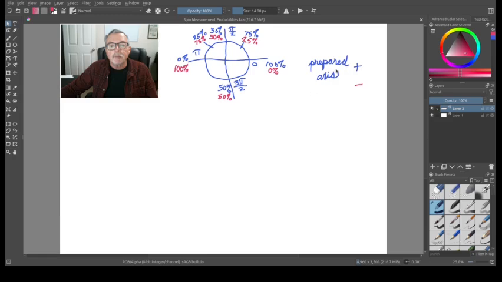Here, the prepared axis is plus. What does that mean? That means aligned. So the prepared axis is the aligned. Remember, there's only two outcomes, aligned and not aligned.